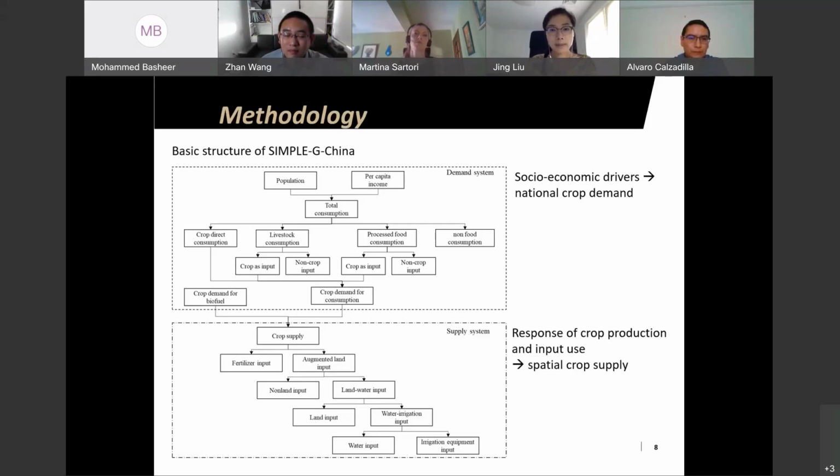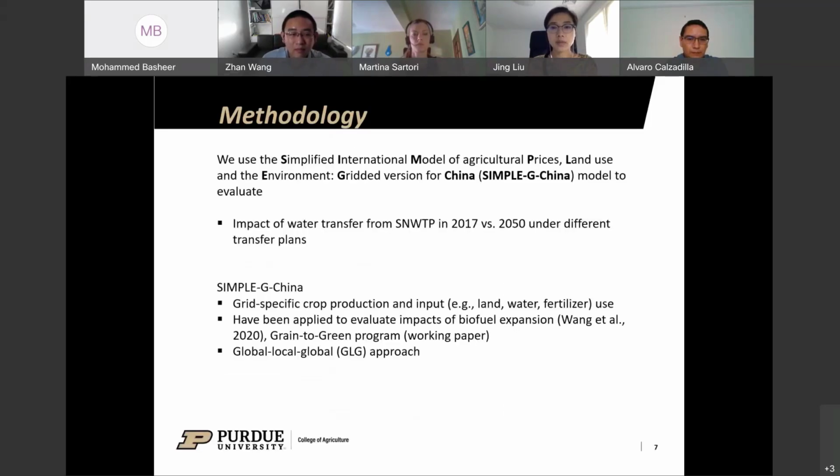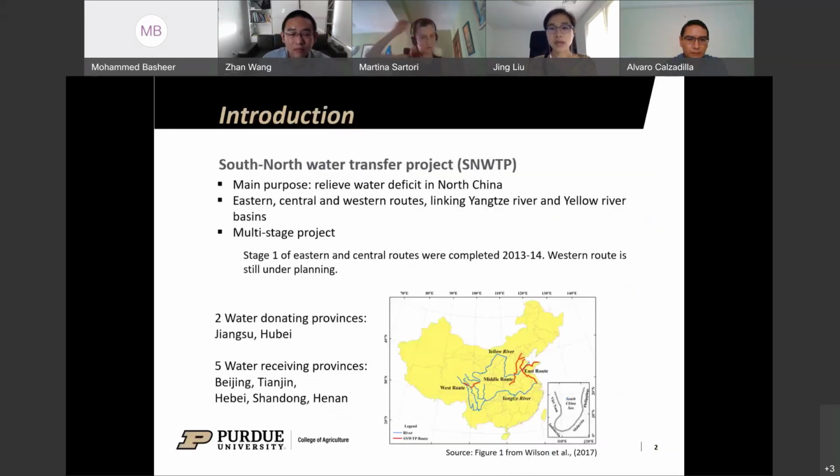In China, if you go back to your first slide showing the whole map of China, the water transfer currently takes place mainly in the eastern part of China. This is the traditional food production area from the old days, but now we're losing cropland in this area.